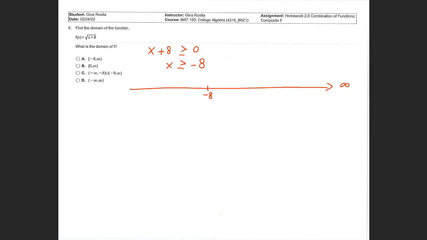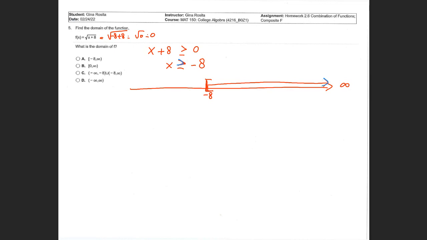It's closed because it's included. 0 is okay, but not negative. For example, we plug in negative 8: the square root of negative 8 plus 8 is the square root of 0, which is 0. It's okay, so this is included. So you close the bracket, and because the arrow goes to the right, we go to the right.